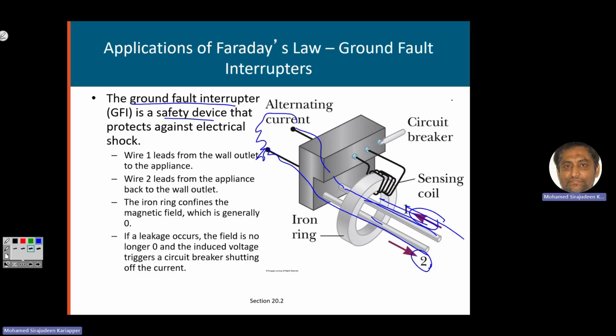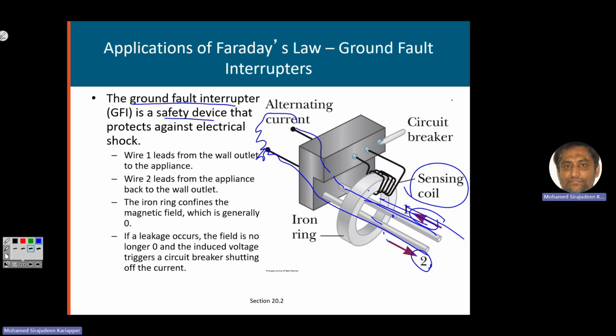Current 1 will have a magnetic field around it. Current 2 will also have a magnetic field, but they will be in the opposite direction. So the magnetic field outside will be 0 because the two wires cancel the magnetic field. We have something called a sensing coil. It will see there is no magnetic flux through it, 0 magnetic flux, no problem.